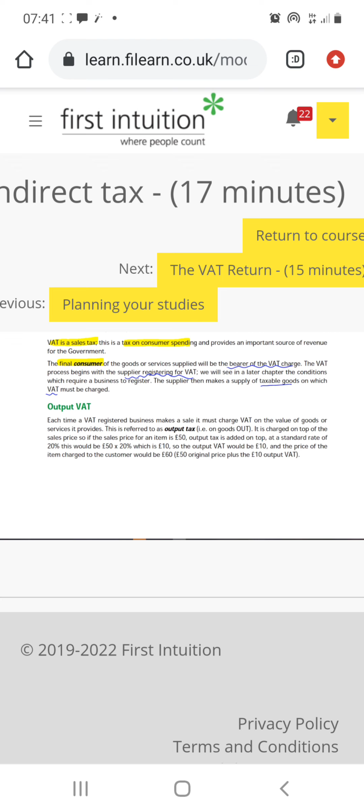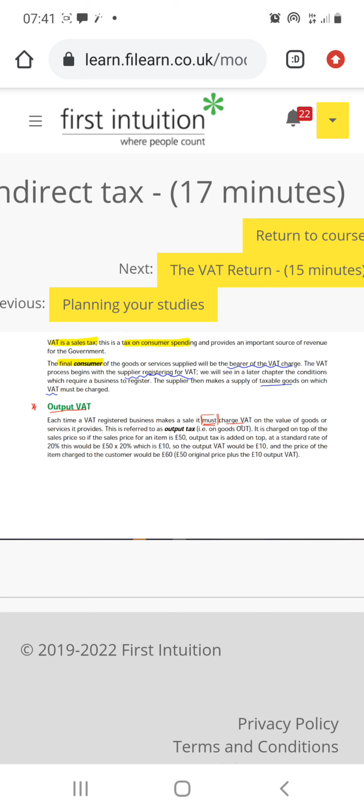Now, some very important terminology follows here, starting with this phrase: output VAT. Each time a VAT registered business makes a sale, it must, so not might or if it wants to, it must charge VAT on the value of the goods and services it provides.